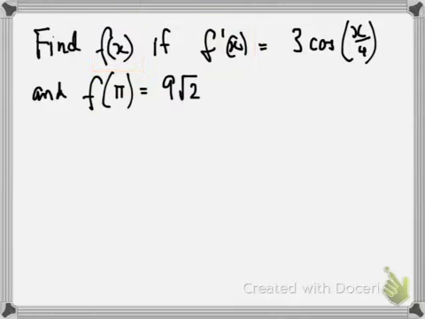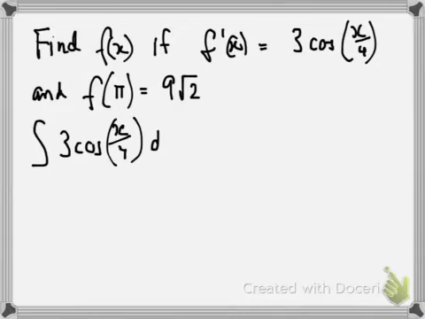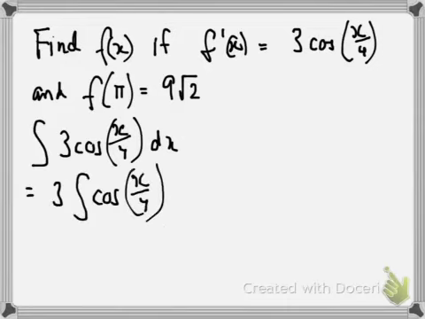So let's get started. First up we integrate 3 cos x on 4 with respect to x, and that will be the same as 3 out the front, integral of cos x on 4 dx. Remember, cos goes to positive sine, so there's no change from positive to negative.